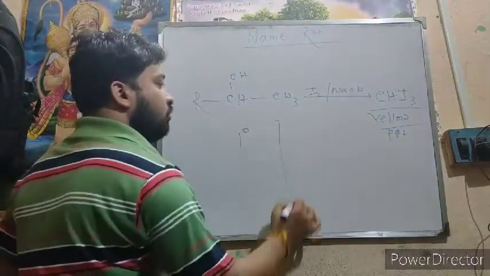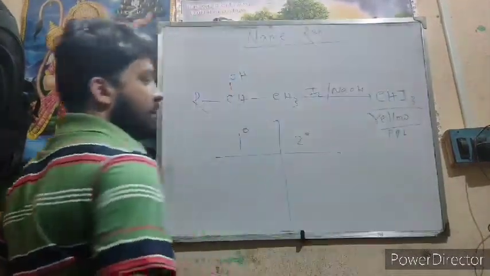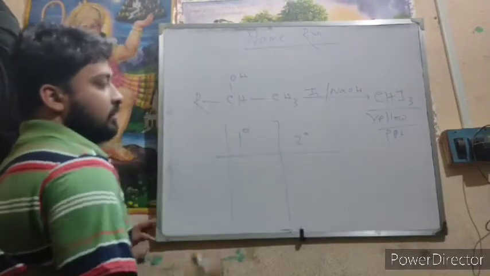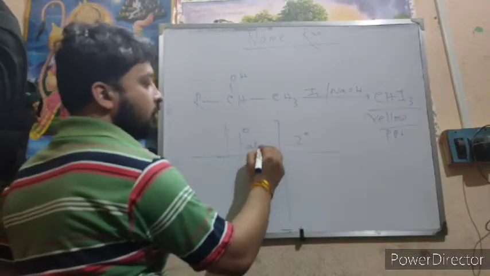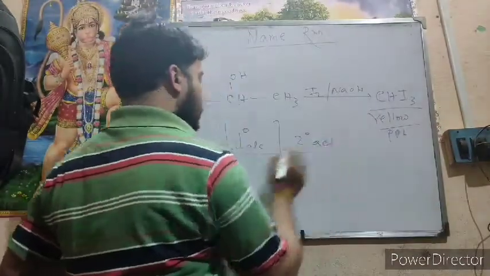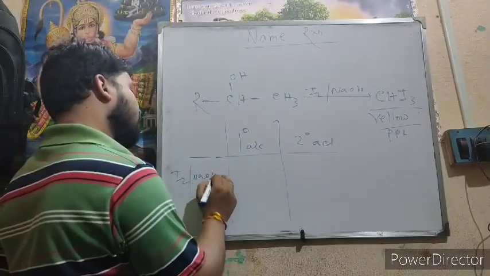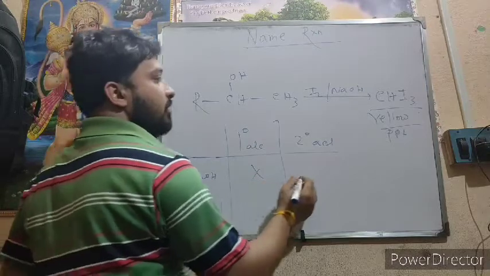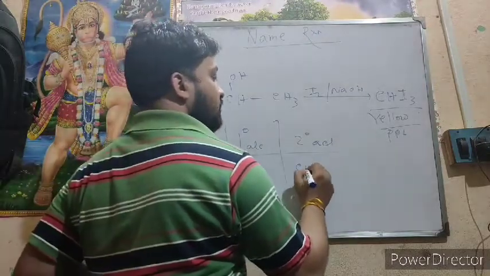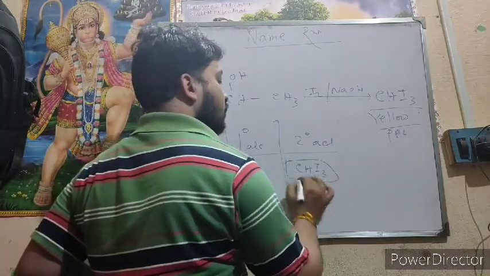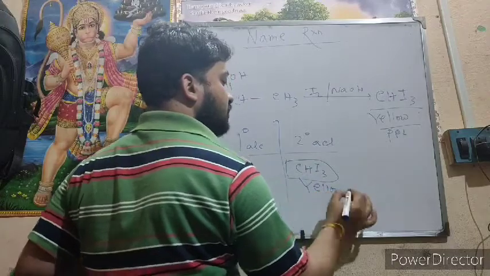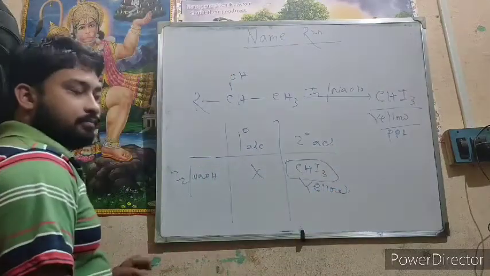If I ask you to write the difference by a reaction between 1 degree alcohol and 2 degree alcohol, you can say if I take I2 and NaOH, 1 degree alcohol does not respond, but 2 degree alcohol gives a yellow precipitate.